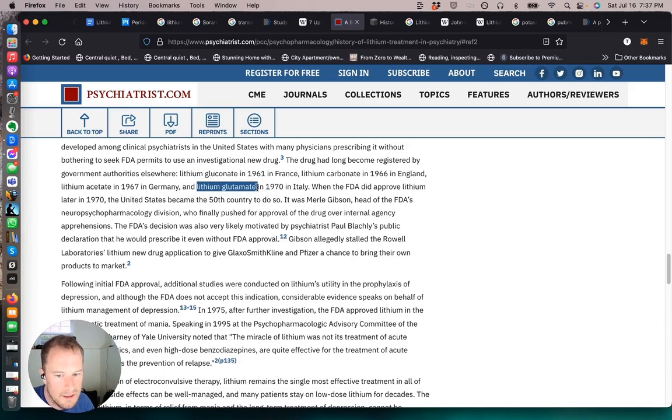A drug has to be novel, like new, not in nature, for it to be patentable. So everything that is a natural substance is for the most part unpatentable.